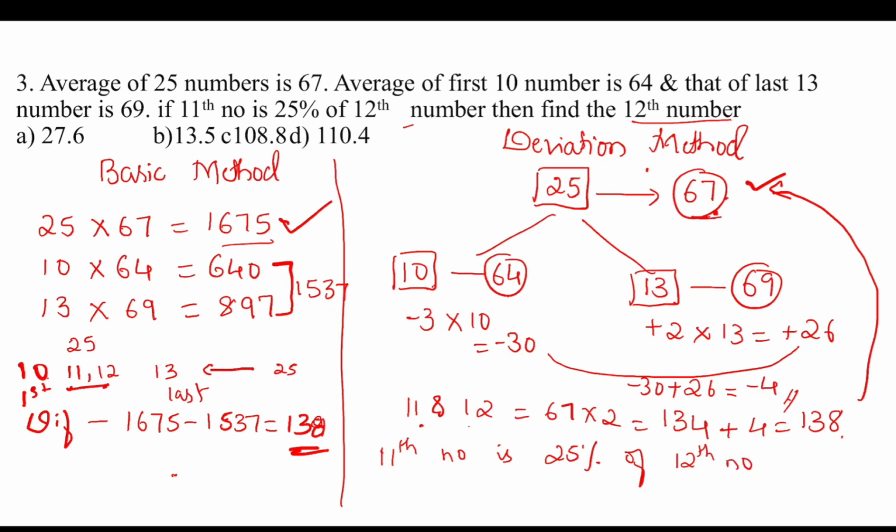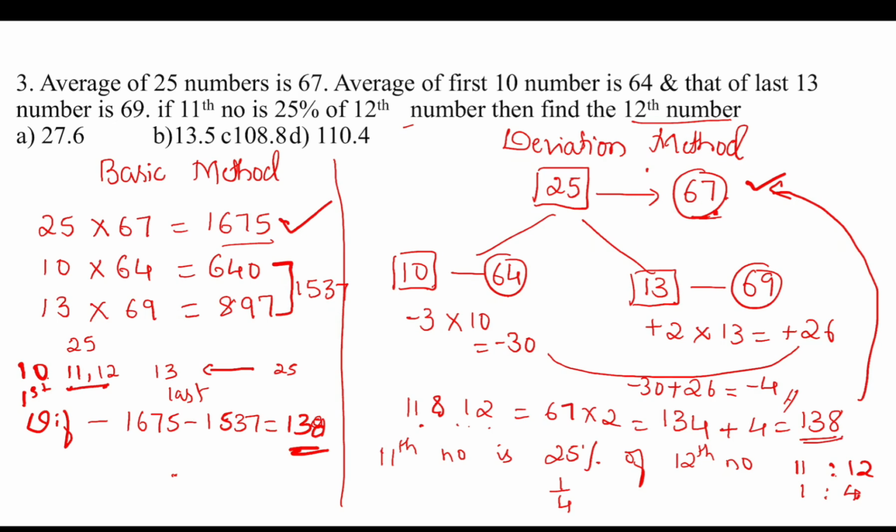Okay, 25% is nothing but 1 by 4 in fraction, we know that. 1 by 4 means the ratio between the 11th and 12th number, 11th is to 12th is 1:4, because the 11th number is just 25% of the 12th number, so the ratio will be 1:4. If the 12th number is 4 parts, the 11th number will be 1 part.